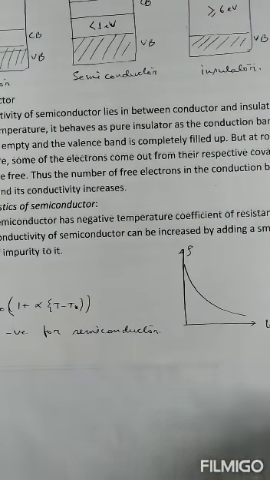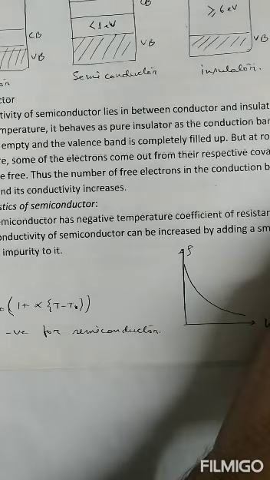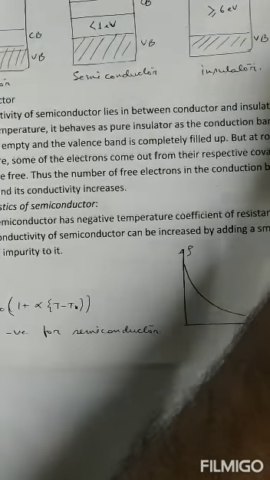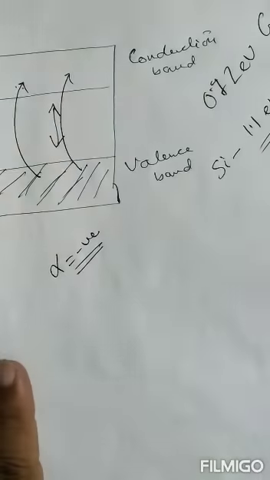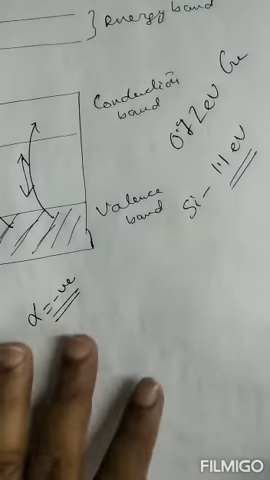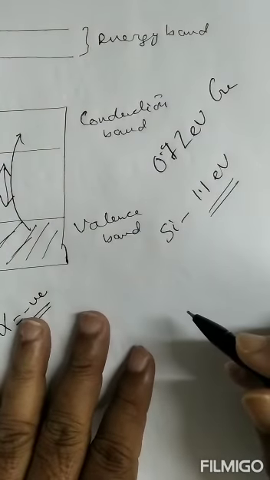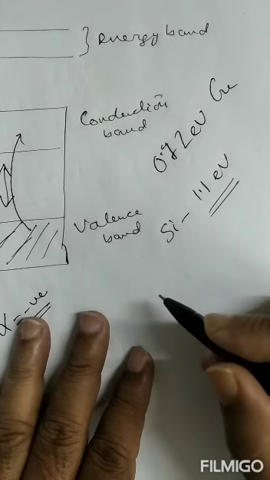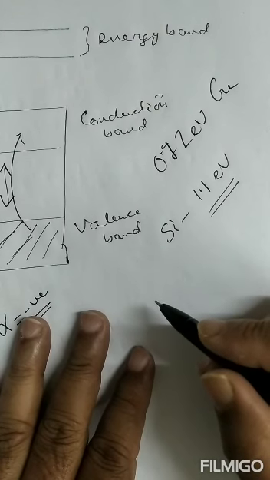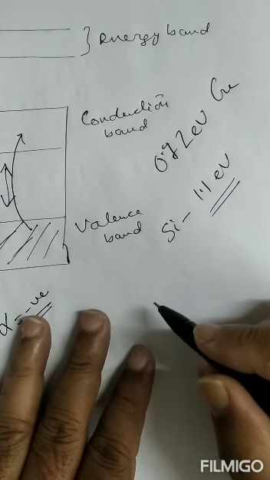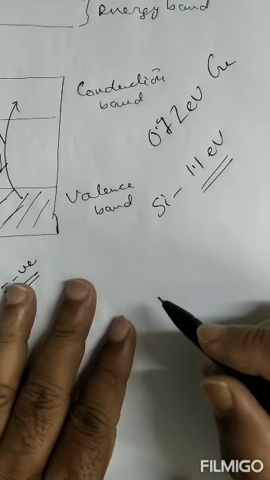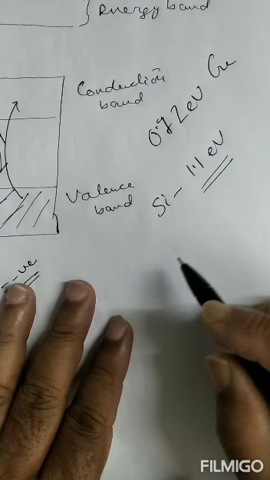Now, we are going to discuss the semiconductor elements. If you go to the periodic table, the group 4 elements, which have 4 valence electrons in their outermost shell, are called semiconductor elements.